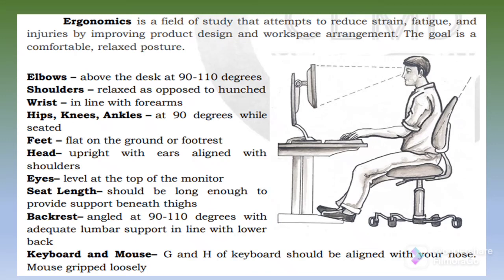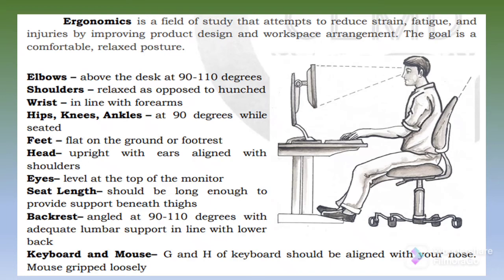Elbows above the desk at 90 to 110 degrees. The shoulders relaxed as opposed to hunchback. Wrist in line with forearms.